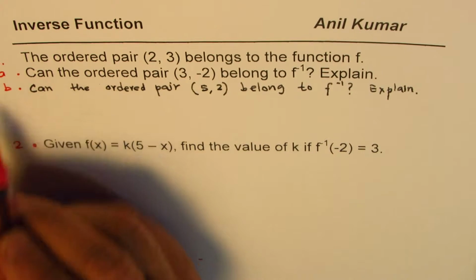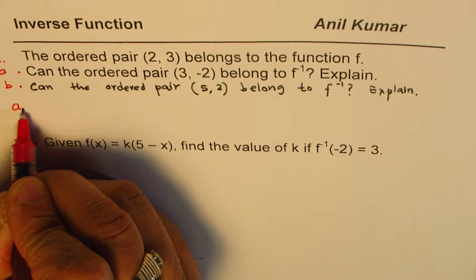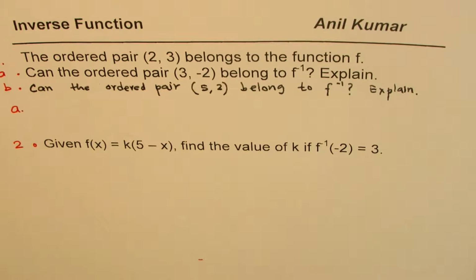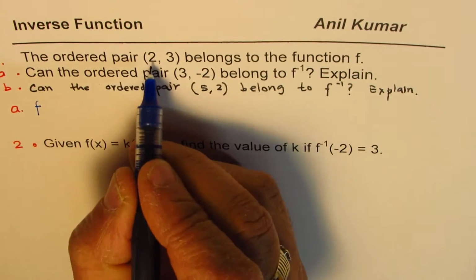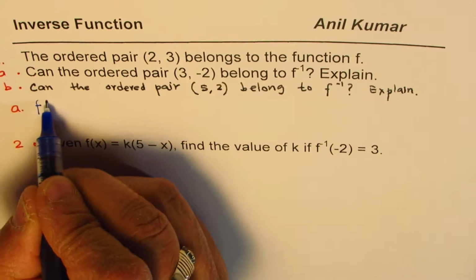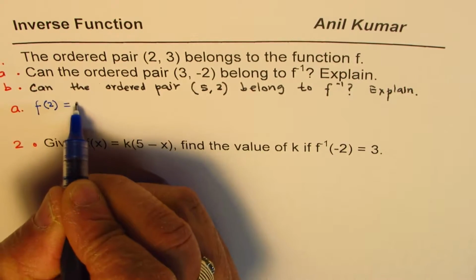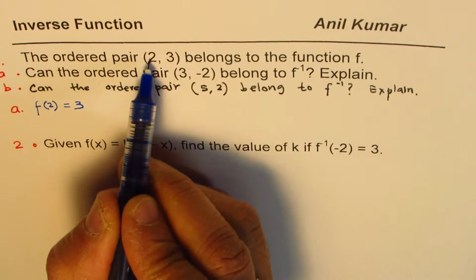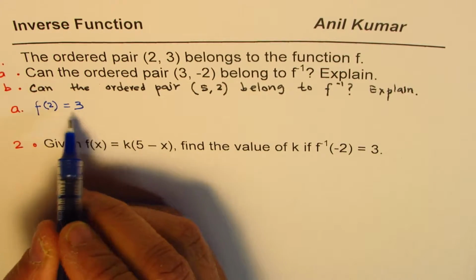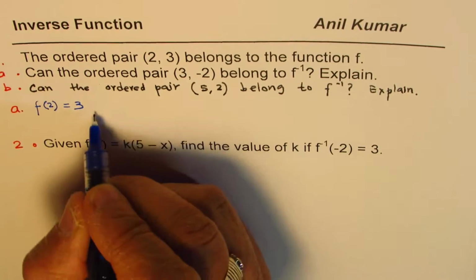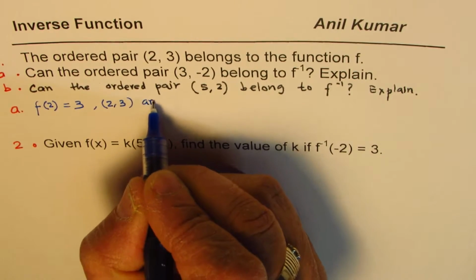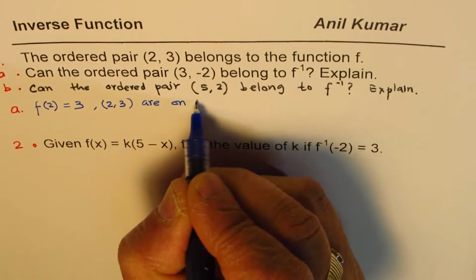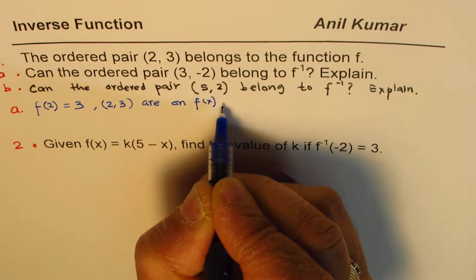Now let's answer part A first. We have a function f(x), and on the function f(x) we know that this pair lies. That means f(2) is 3. So when I say the ordered pair (2, 3) lies on the function, it means f(2) is 3, right? That means (2, 3) is on f(x), correct?